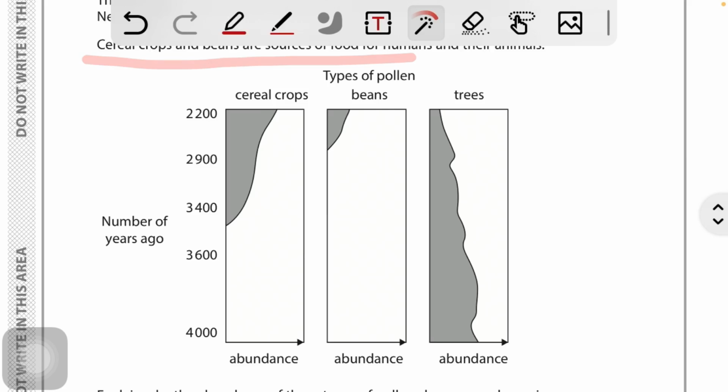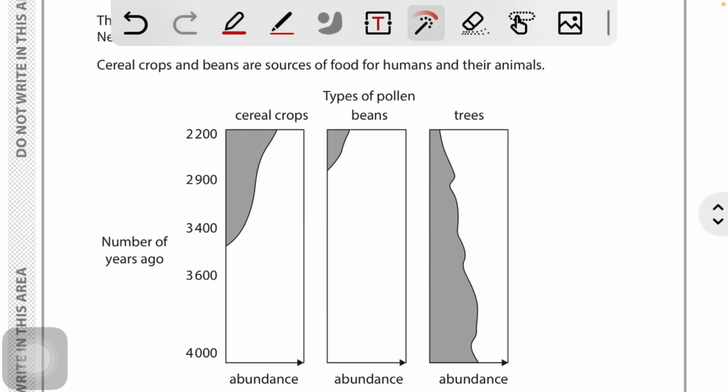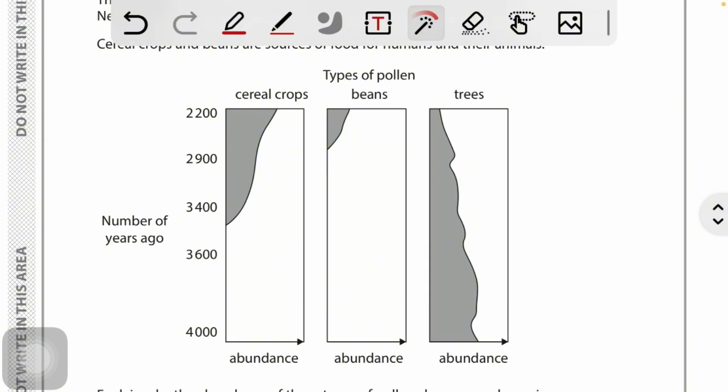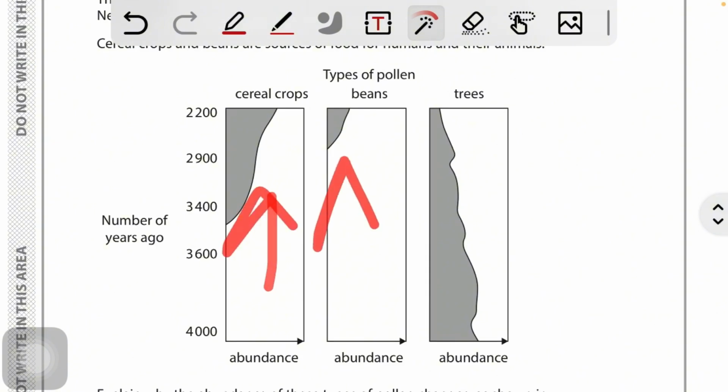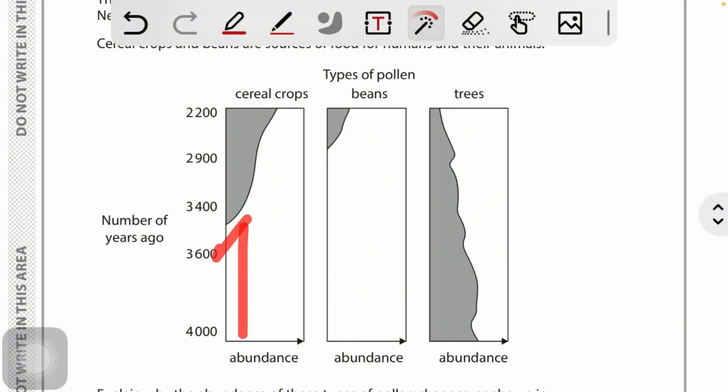So humans started farming cereal crops as their food, as well as beans, and that's why the amount of pollen increases with time. At first it was 0, but then it increases because humans started to farm or grow these types of plants.